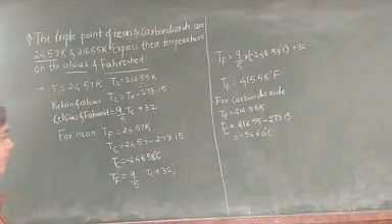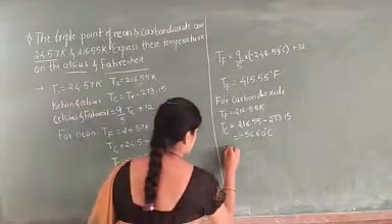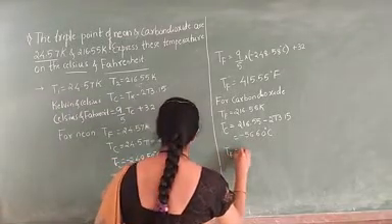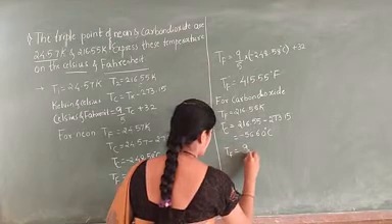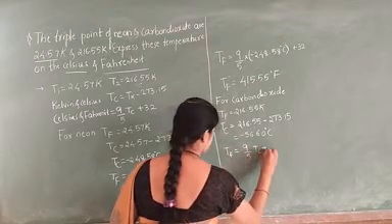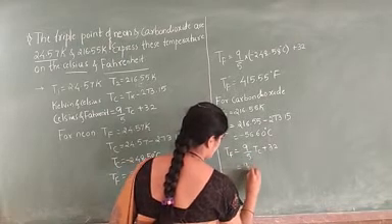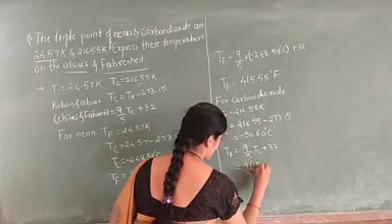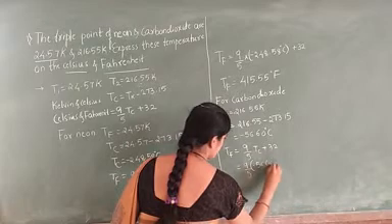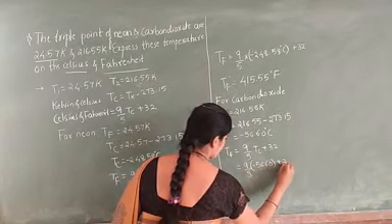Now again here we have to find for the Fahrenheit. Tf is equal to, first write the formula, 9/5 Tc plus 32. Now put all the values: 9/5 times Tc, which is minus 56.60, plus 32.